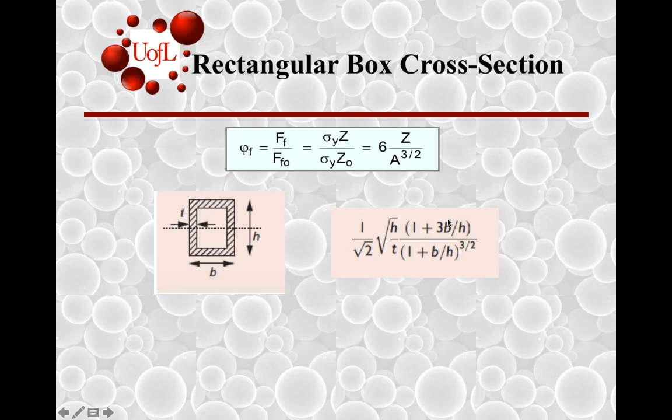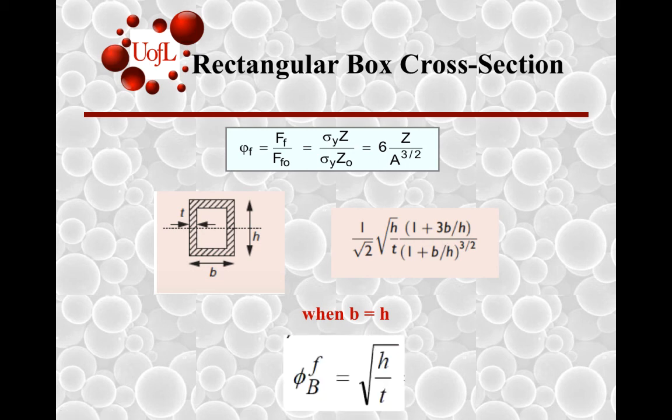And then, using this shape efficiency factor for a strength limited design, you can deduce in a similar manner what happens when B is the same as H for a square cross section geometry. This term over here drops off to square root of H over T. 4 in the numerator, right? 2 times root 2 in the denominator times root 2. So you're reduced to this term over here.